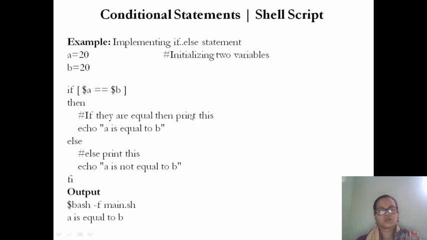If they are equal, print this; else print "a is not equal to b". Once you execute this script, you get the output a is equal to b. Based on the user's inputs, you can see whether your output lies in the true block or the false block.